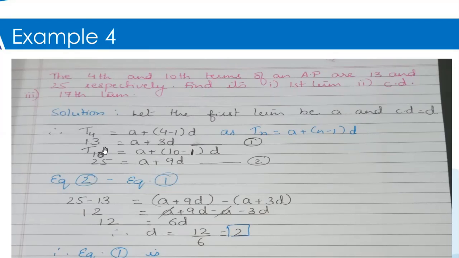Left side will be subtracted from left and right from right. So left is 25 minus 13, right is a plus 9d in one bracket minus a plus 3d in another bracket. When you open the bracket, the signs of the second bracket will change. Finally you get 9d minus 3d is 6d. A and minus a will cancel, and d is equal to 12 upon 6, which is 2.